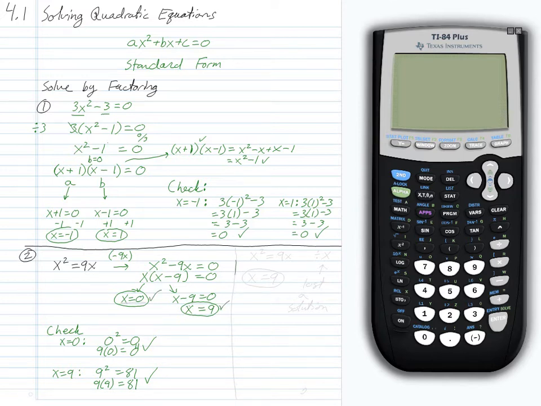So let me go back and try that the naive way. If I see x squared equals 9x, and if I divide both sides by x, I'm left with x equals 9. That's only one of the 2 solutions. We lose one by dividing by x.